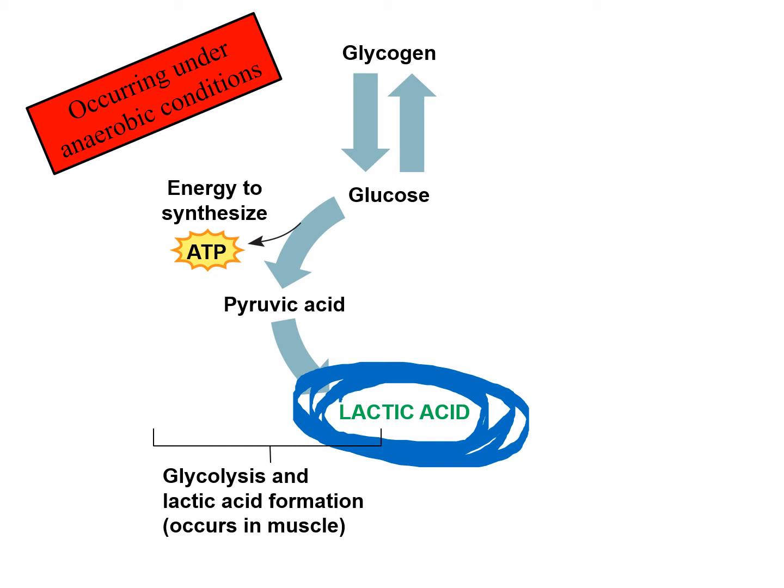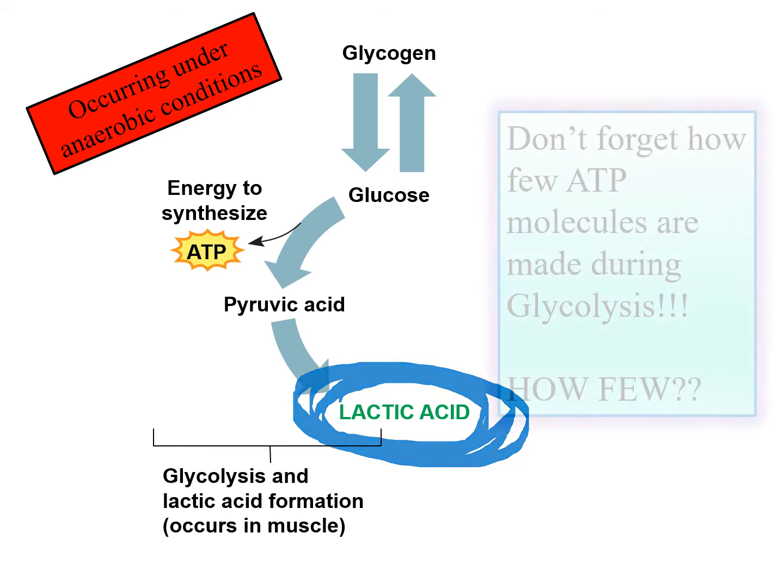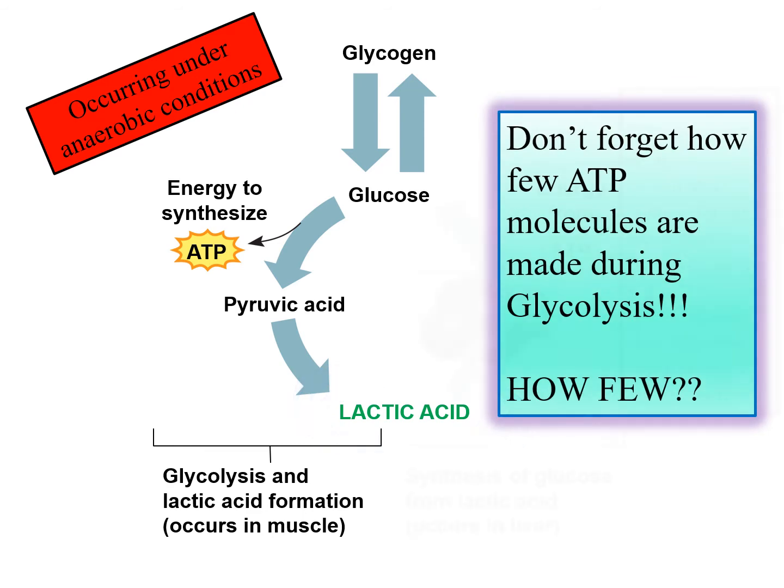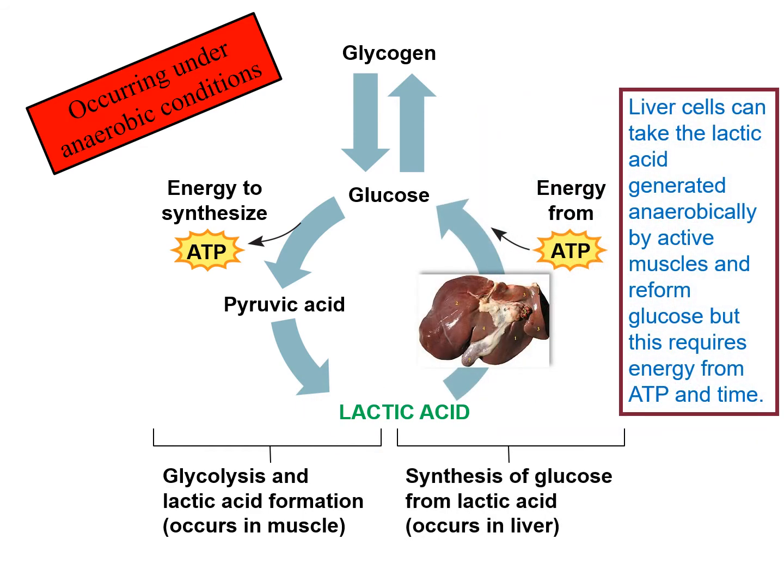Your body has to convert that lactic acid. Your liver is going to take that lactic acid and metabolize it, alter it chemically, and eventually, with the help of additional energy, you're going to convert that back into glucose.